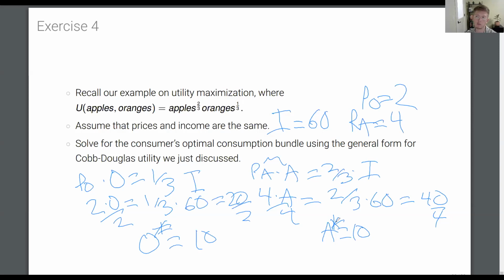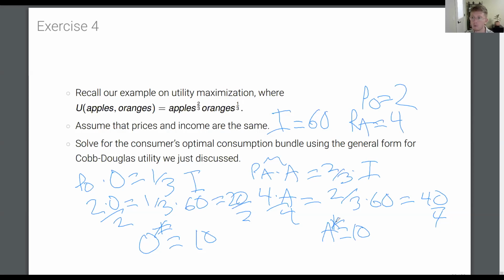Of course, the general solution has all of that baked into it. In order to find the general solution, we just equated the marginal rate of substitution to the relative prices. But this is a much simpler way, where without equating any of the marginal rates of substitution to the relative prices, we just know that we can get to the solution based on that math, because the exponents are telling us what share of income is spent on each good.